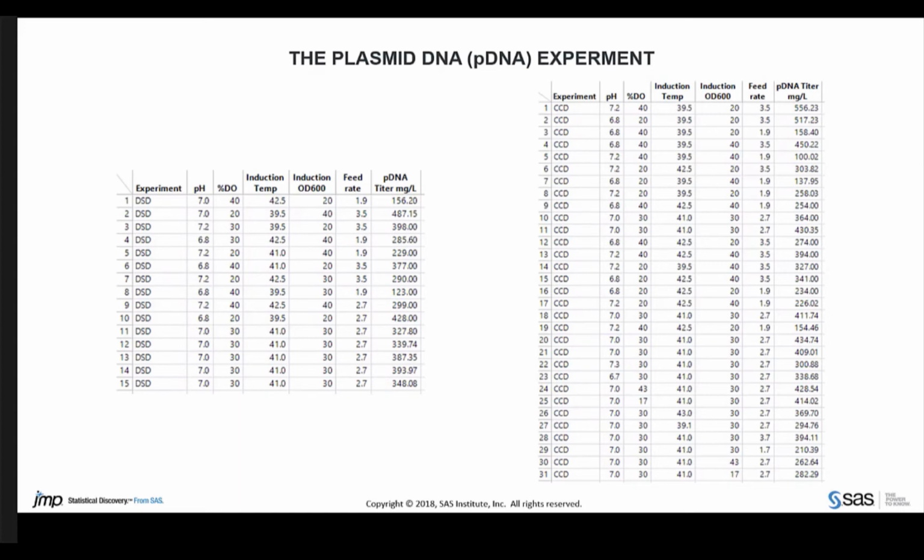Both experiments had the same factors: pH of the fermentation solution, percentages of dissolved oxygen, temperature for the fermentation media, the microbial mass of E. coli in units of optical density at 600 nanometers, the feed rate, which is a glucose measure, and then our response was the total amount of pDNA that was coming out in the titer.